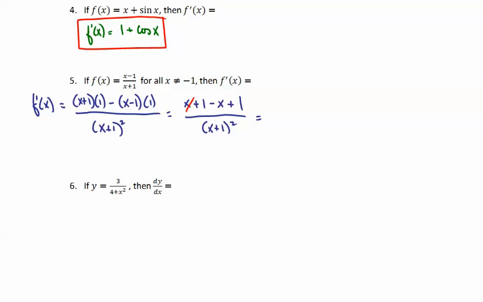The x's are a zero pair, and we end up with 2 over x plus 1 quantity squared.